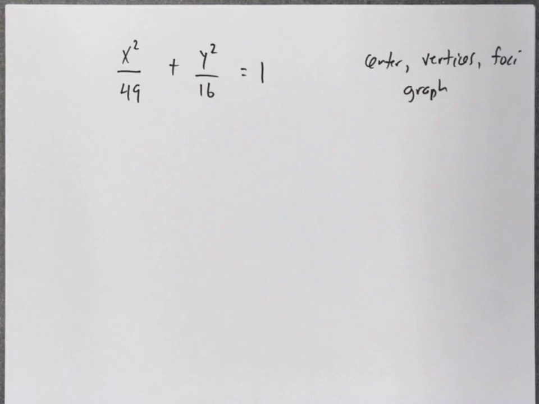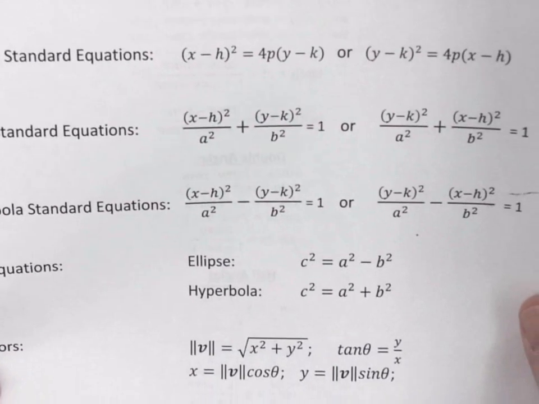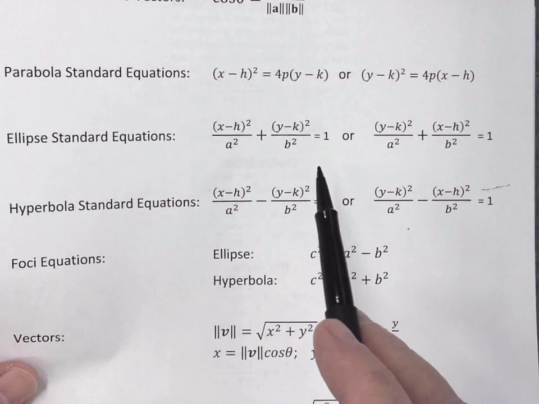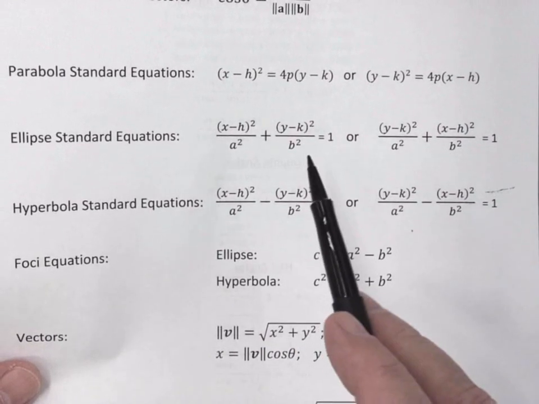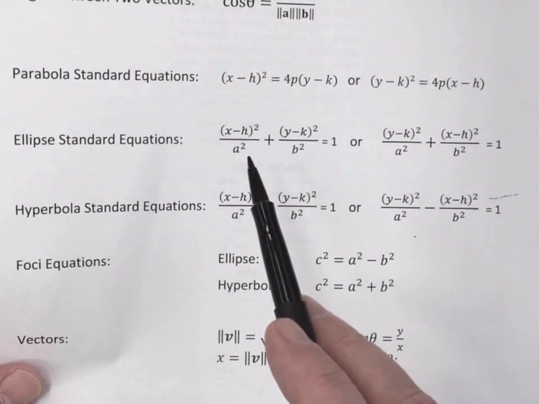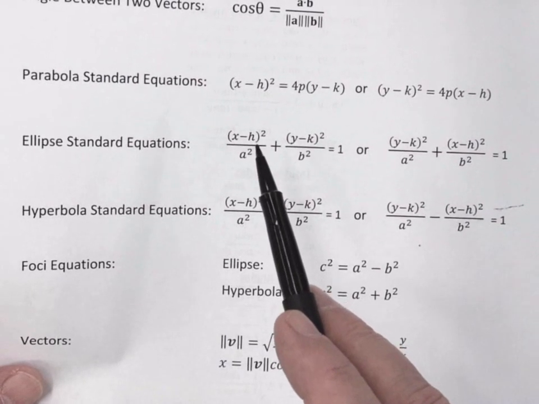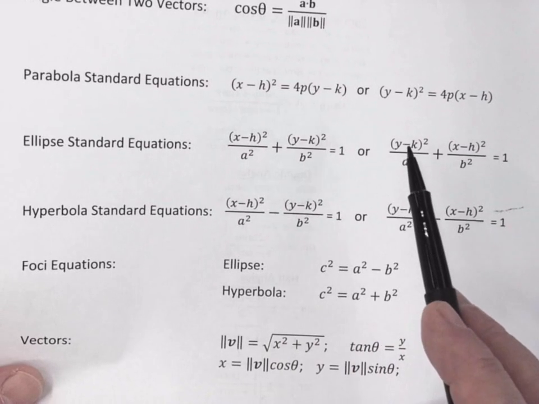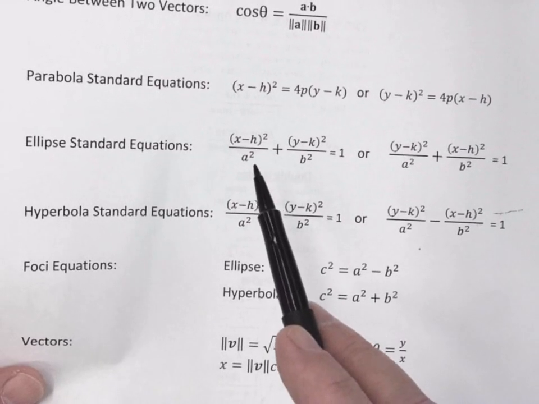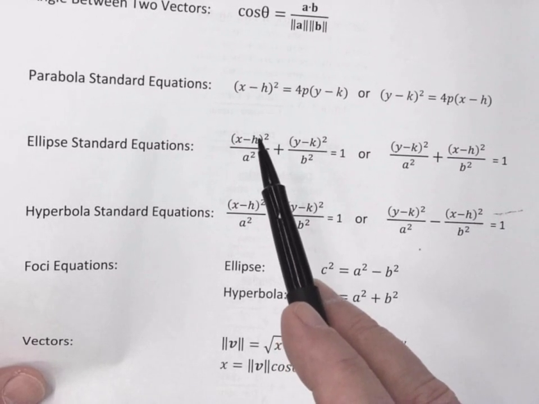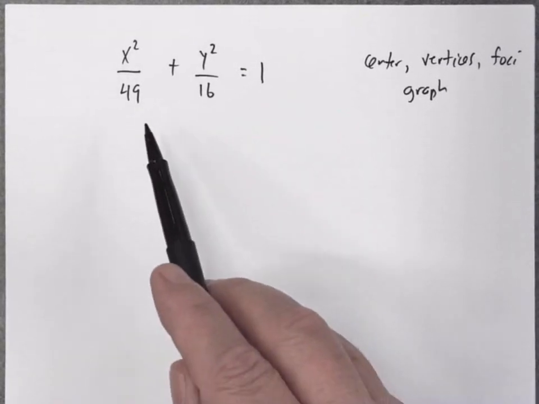First thing you have to do is figure out which of the standard equations you're going to use for this problem. So here are the 2 ellipse equations from the formula sheet. They're identical, except you can notice that for this one, the x term is with the a squared, this one the y term. Now the a squared denominator is always larger than the b squared, so we look at ours.